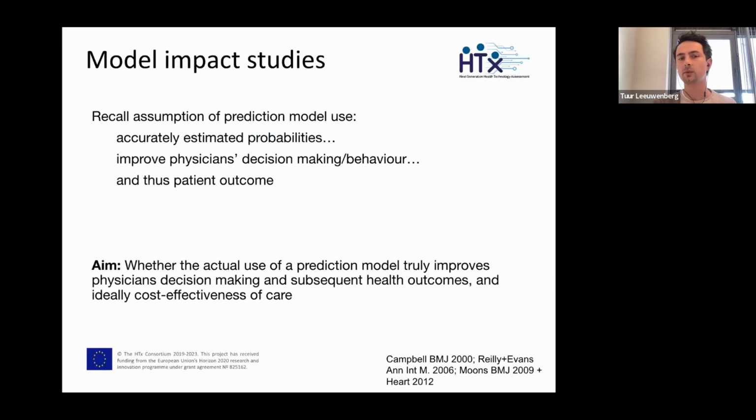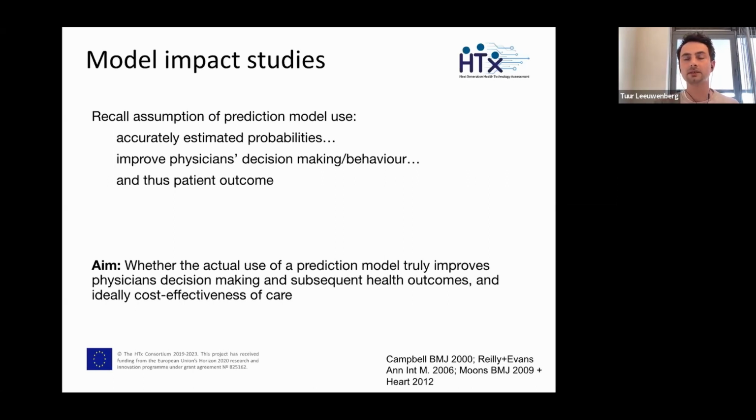At the beginning we mentioned the reasoning of how prediction models could help improve patient outcomes and the physician decision-making process. This was based on accurate and objective probabilities informing physicians to make better decisions about treatment or diagnosis, and via that route, a better treatment process leading to better patient outcomes.